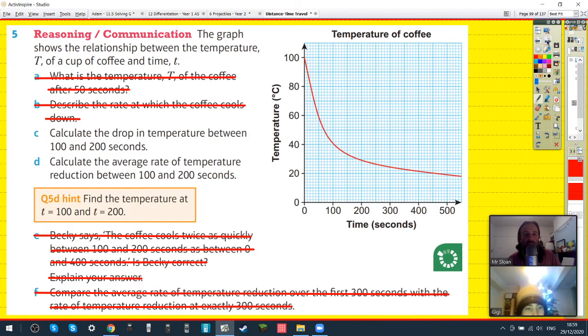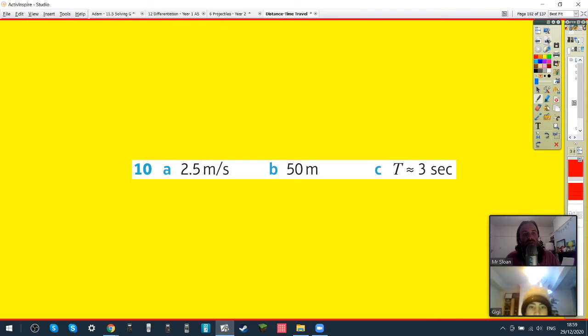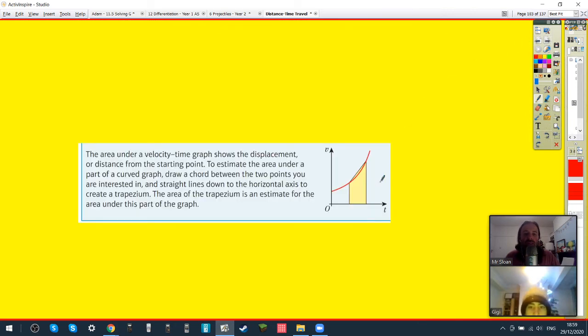So in general, if you need the acceleration at a point on a curved graph, tangent at that point. If you need the average between 2 points, you do a chord and you get the gradient of that chord. So one little thing I didn't get to, which was distance.